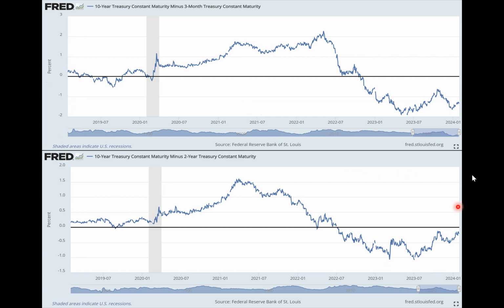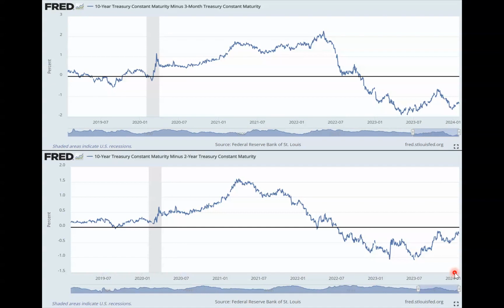So if I show the two graphs, one next to the other, up here we have the 10-year minus 3-month, and at the bottom we have the 10-year minus 2-year. As you can see, these graphs tend to be similar. And what's happening here is that this is essentially the future of this one.